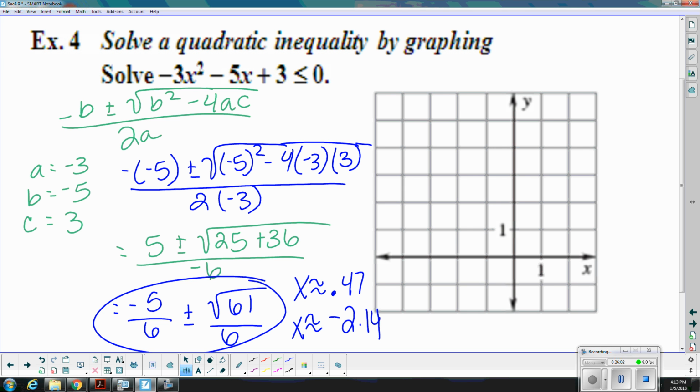So we can put these on our graph about where they'll lie. So x is approximately 0.47, so it'll be just under half. And then x is approximately -2.14. And we know that this parabola goes down. So we don't have to do the whole thing, but it'll look something like this.